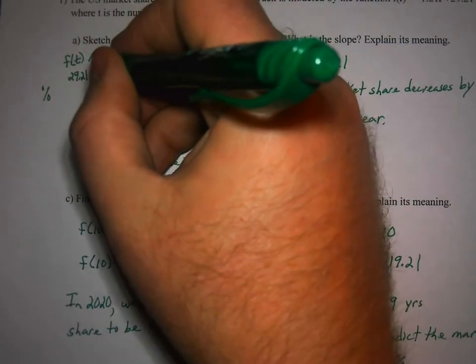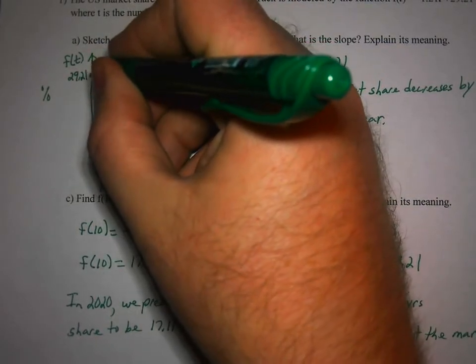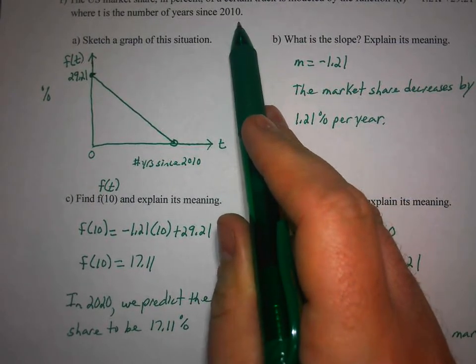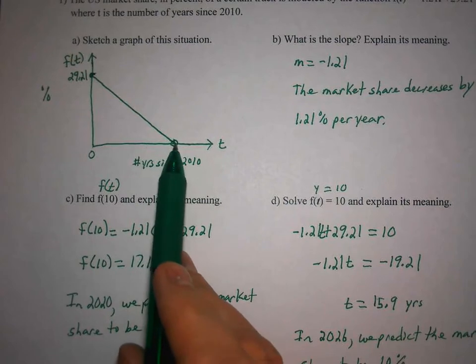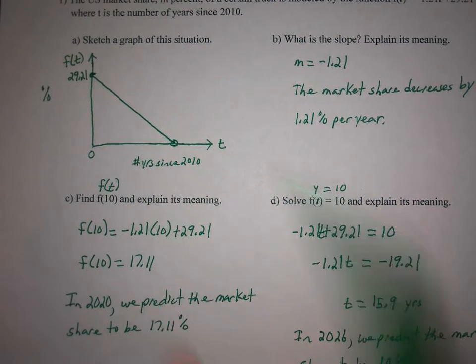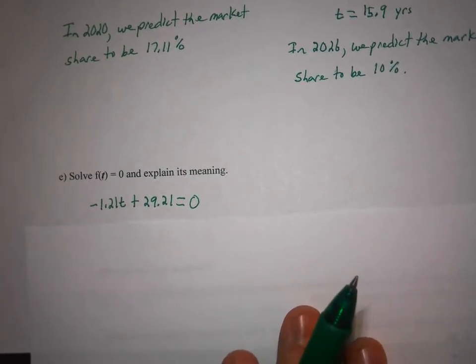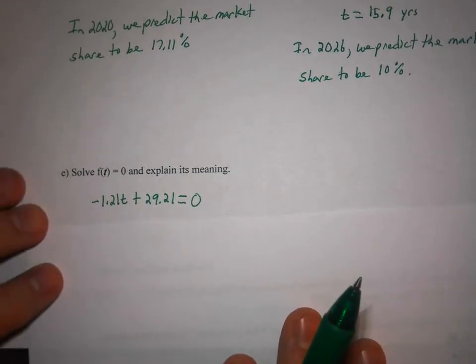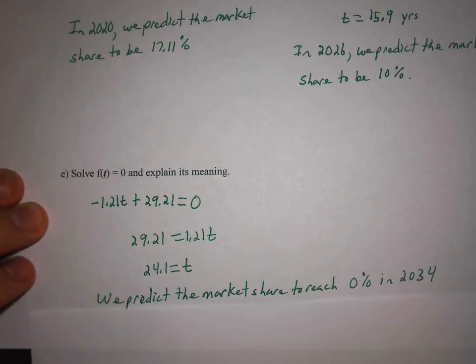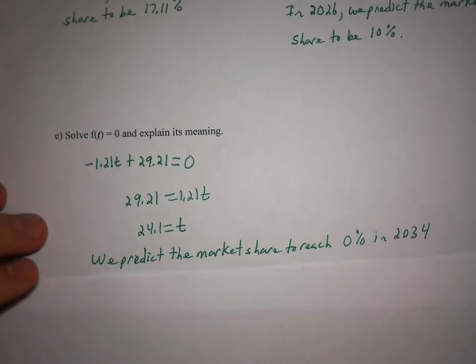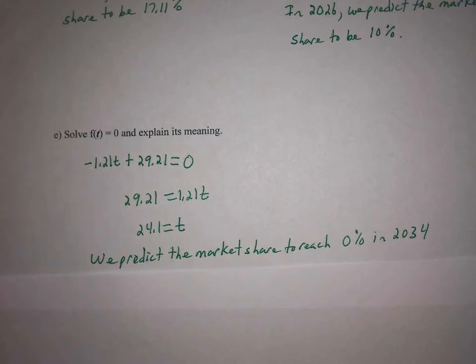The point up here is when we started our time, which was 2010. But when the market share is 0, we're down here. So to solve that equation, you set your equation equal to 0, and then solve it, and you end up with right around 24.1. So we predict the market share to reach 0% in the year 2034.